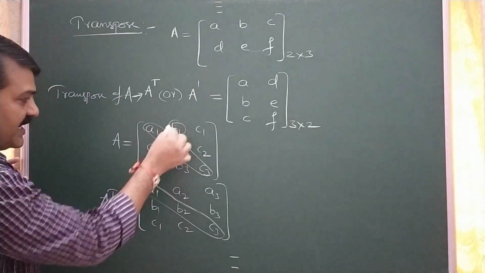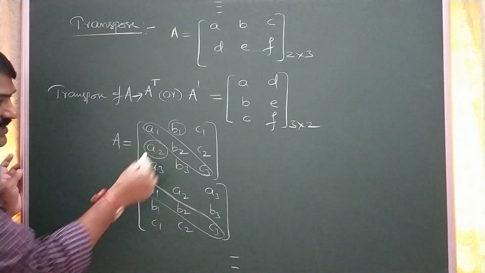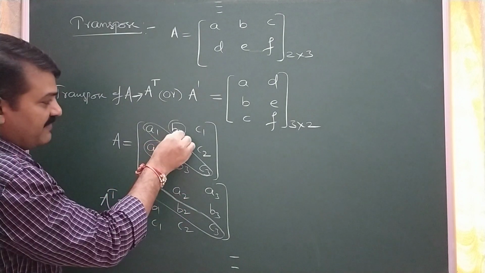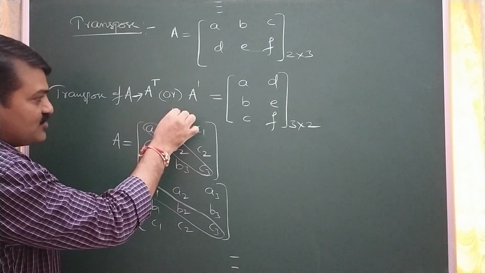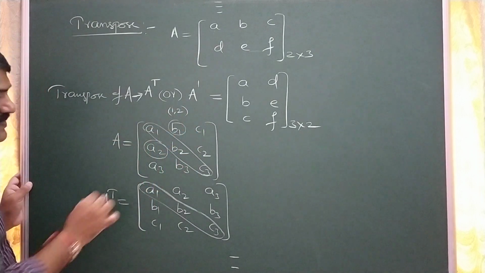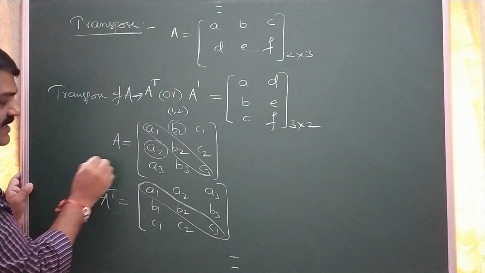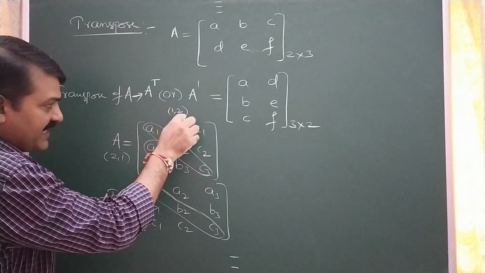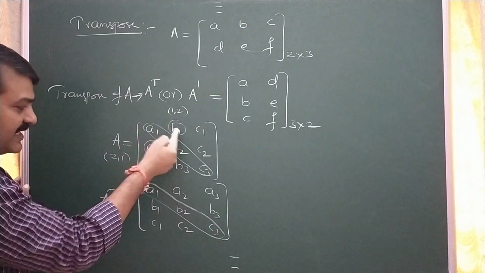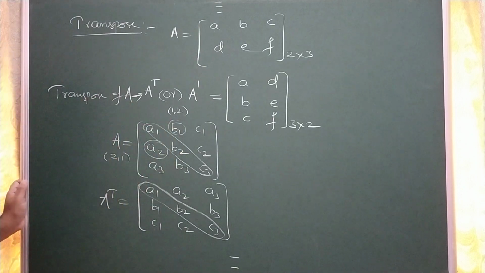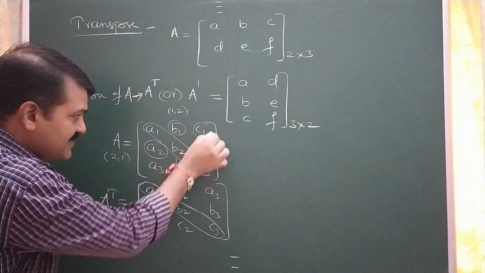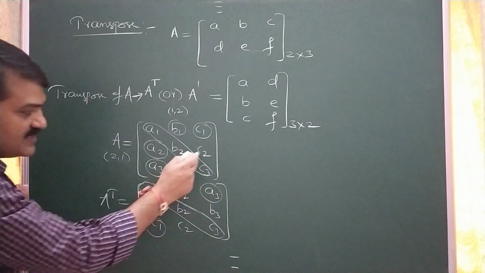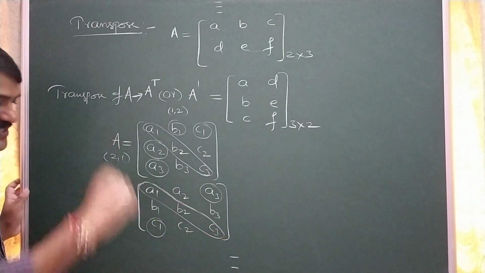And what about this A1 and B2? You see, this A1, B2 are getting interchanged. This B1 is actually the first row second column element. This A2 is actually the second row first column element. Means the first row second column and second row first column elements are getting interchanged. Like that, this C1 and A3 are getting interchanged, and C2 and B3 are getting interchanged.